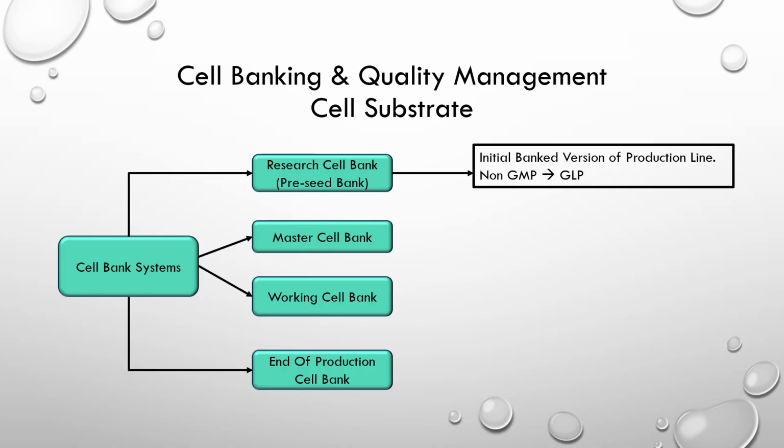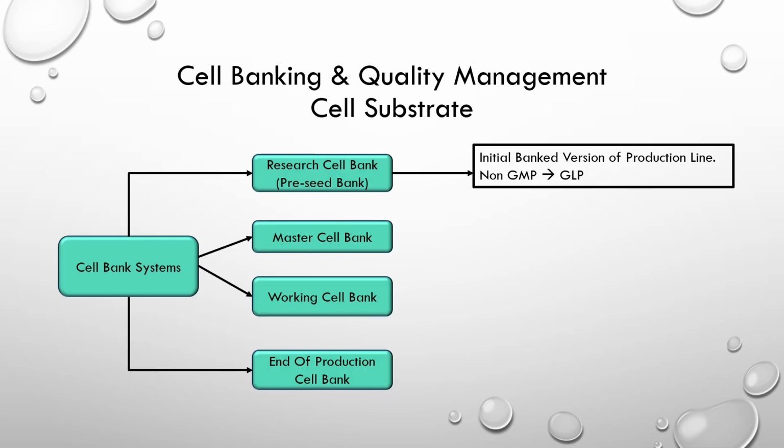So your research cell bank. This is the initial banked version for your production line. It's usually not manufactured to GMP, but all the testing should be done to GLP. The research cell bank is where we select the clone.